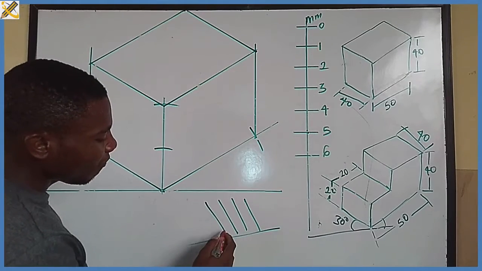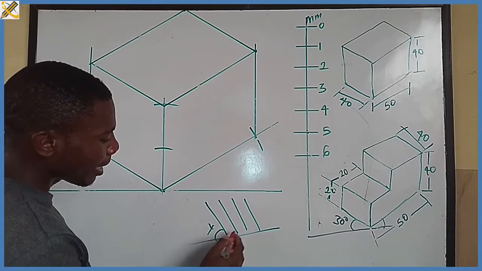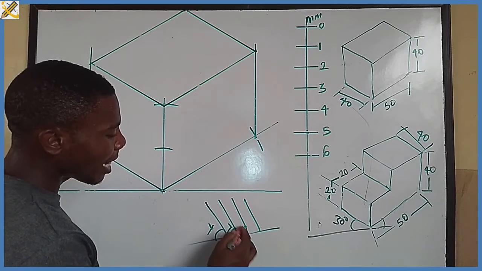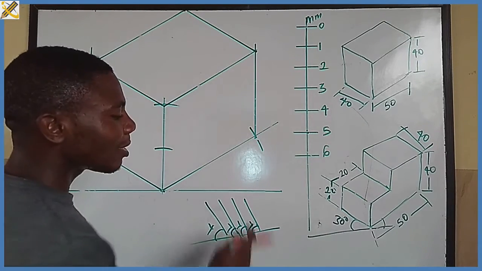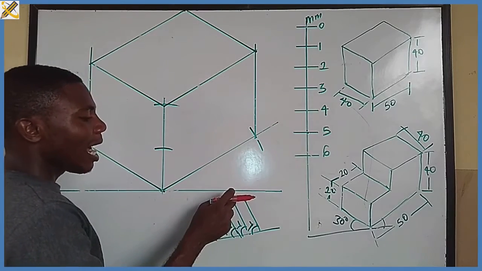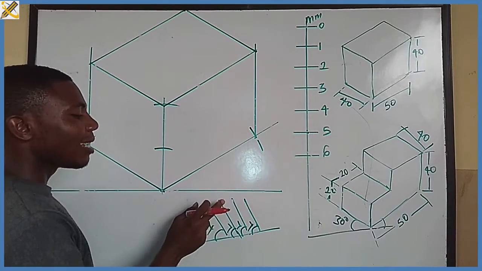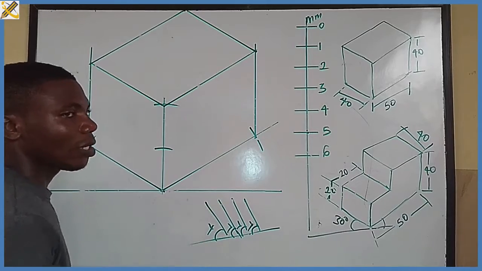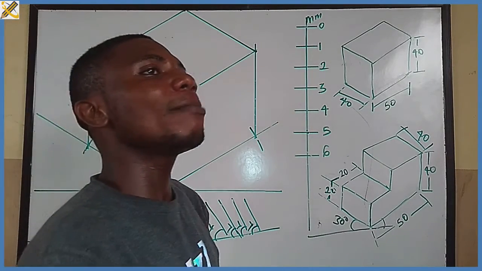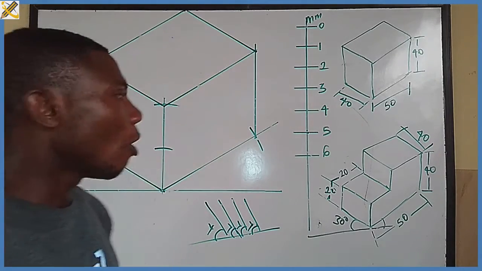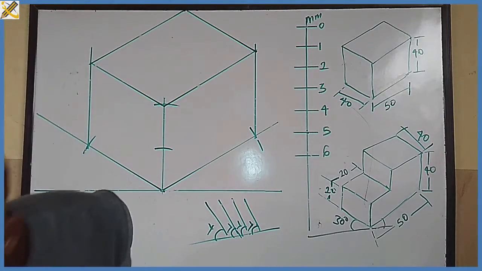If the angle here is angle y and the angle here is also y, and the angle it makes from here to here is also y, I am going to say that this line is parallel to this, and this is also parallel to this, and this is also parallel to this. That is, they are sitting on the same plane and at the same angle towards each other.